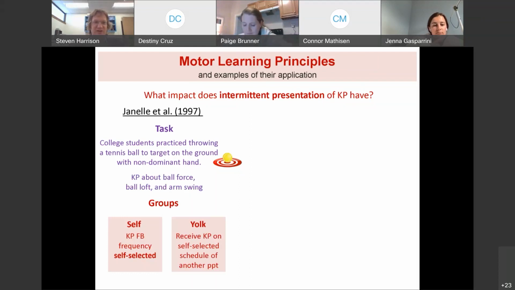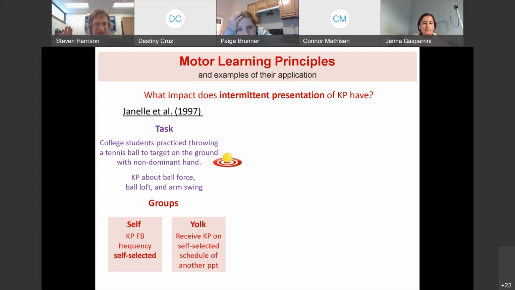Here, in this particular style of feedback, we're either going to give feedback at a self-selected frequency. So specifically, when the person being trained asks for the feedback, they know they can receive feedback. They perform a trial, and if they feel like they could utilize some feedback, they will ask for it and they will receive it.